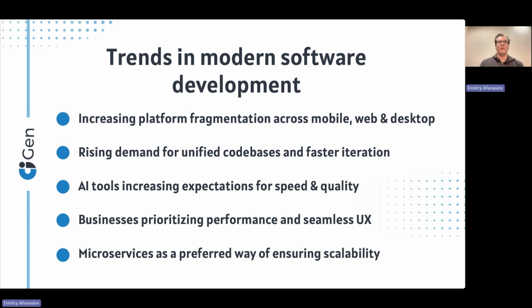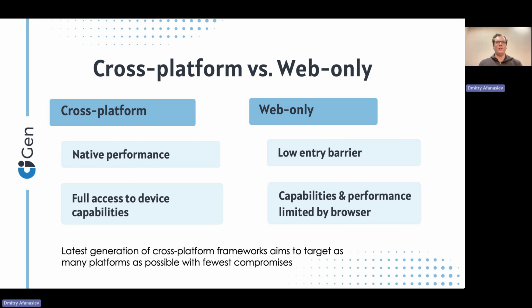So just to quickly discuss why we at CIGen think that cross-platform solutions are often preferred. With web-only apps, you obviously have an advantage of there being only one code base, because it's a similar story to Java in that everything that has a browser supported for it will run your web application.